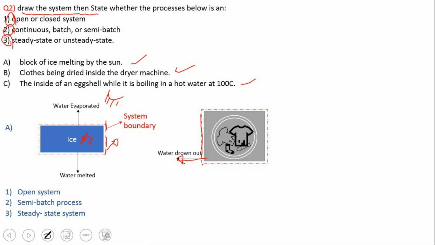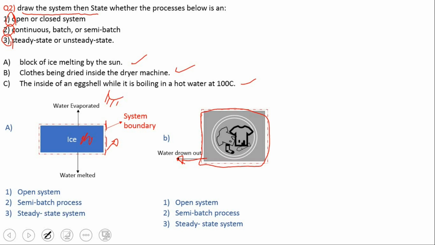So the system is semi-batch also because there is some material leaving. The system is an open system, a semi-batch process, and a steady state system also because the water is leaving at a continuous rate.